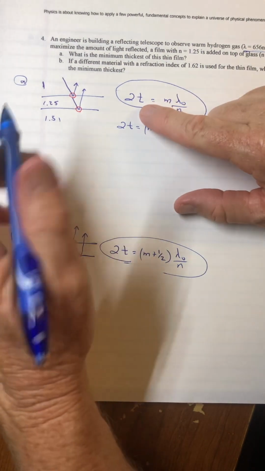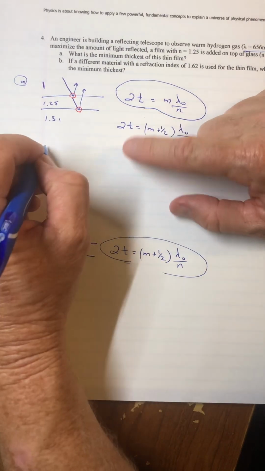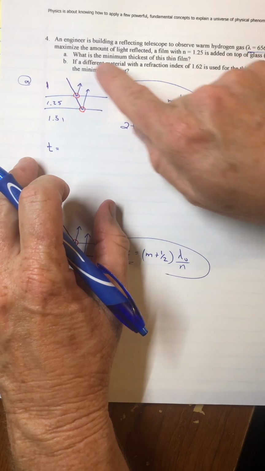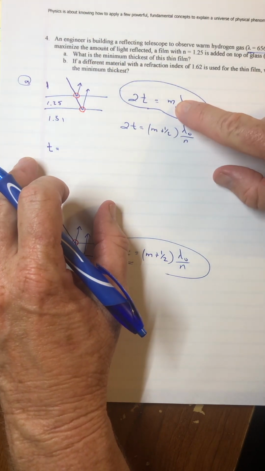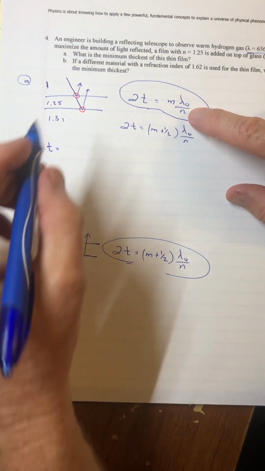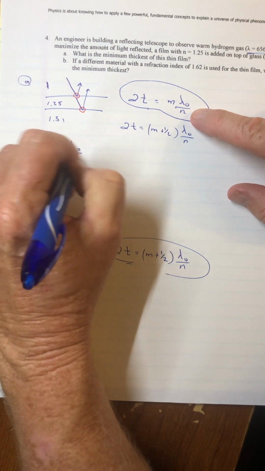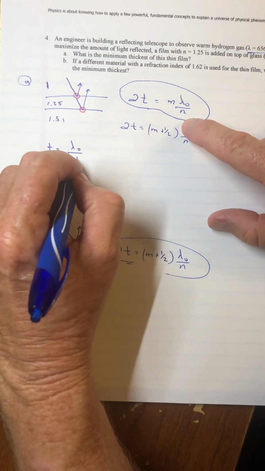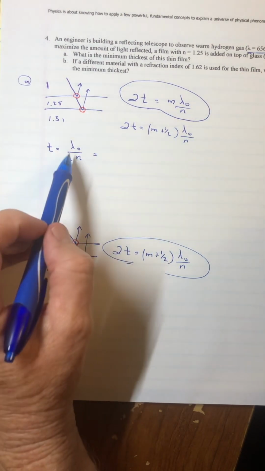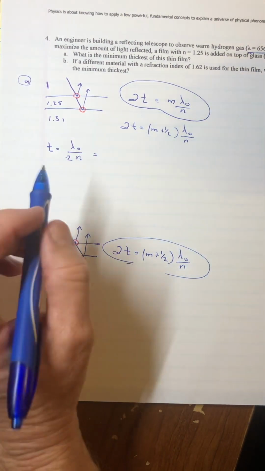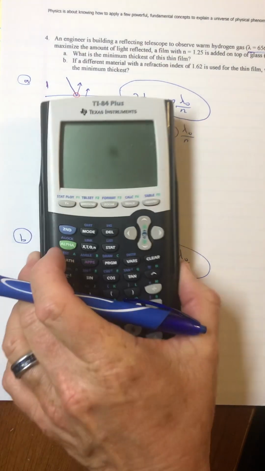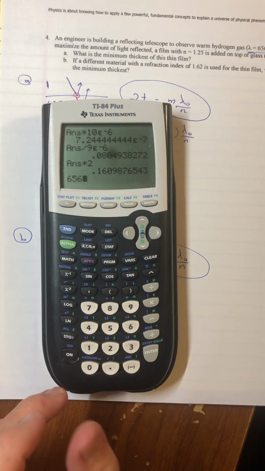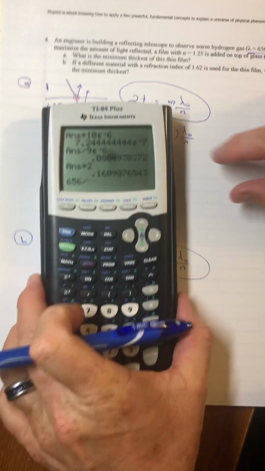So coming back up here to A to do our calculation, what is the minimum thickness? We can set m equal to 1. And so we would have lambda naught divided by 2, and also this index. In other words, it's a half a wavelength in the material itself. The wavelength is 656, and I'll just leave it in units of nanometers.